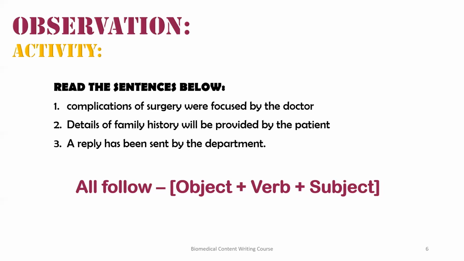Now, how does this affect our understanding of the sentence? These sentences are simple sentences. Maybe you will be able to understand what is said in this sentence. But as the length of your sentence increases, it becomes difficult and sometimes impossible to find out what is done by whom.